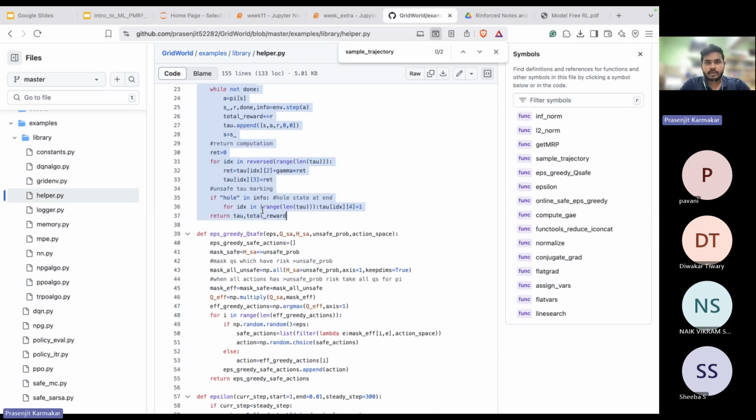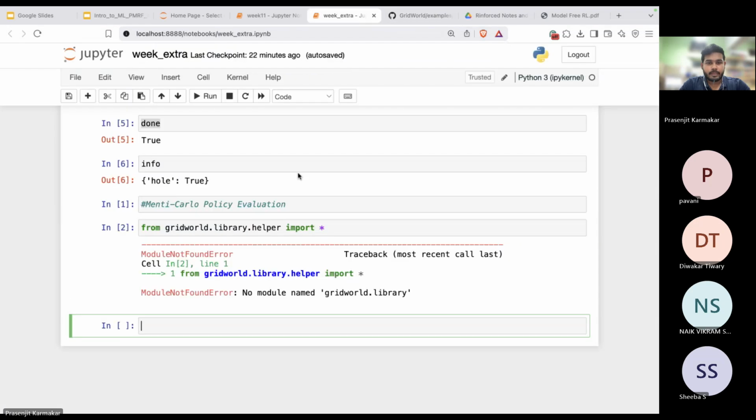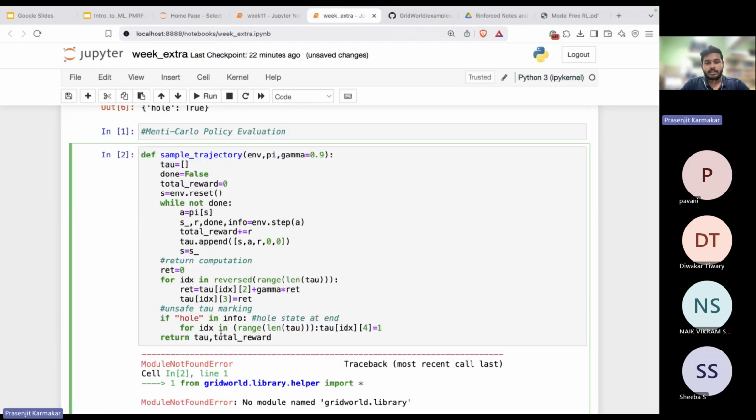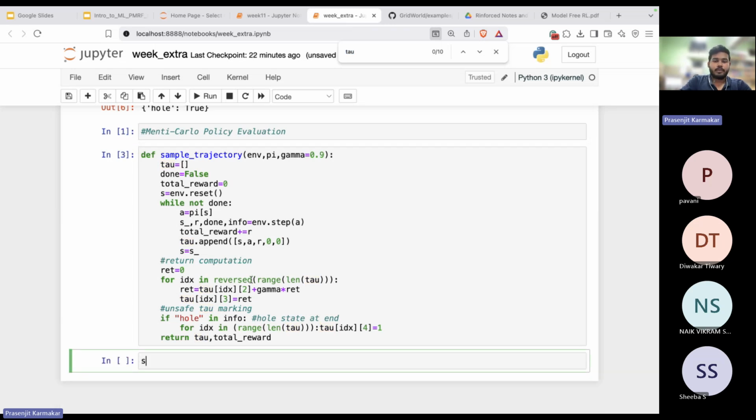Okay, copy it. See what it is doing. It is returning you tau. Tau is what? Tau is this list of trajectories and a total return, right? Sample a trajectory of our environment with a particular policy.